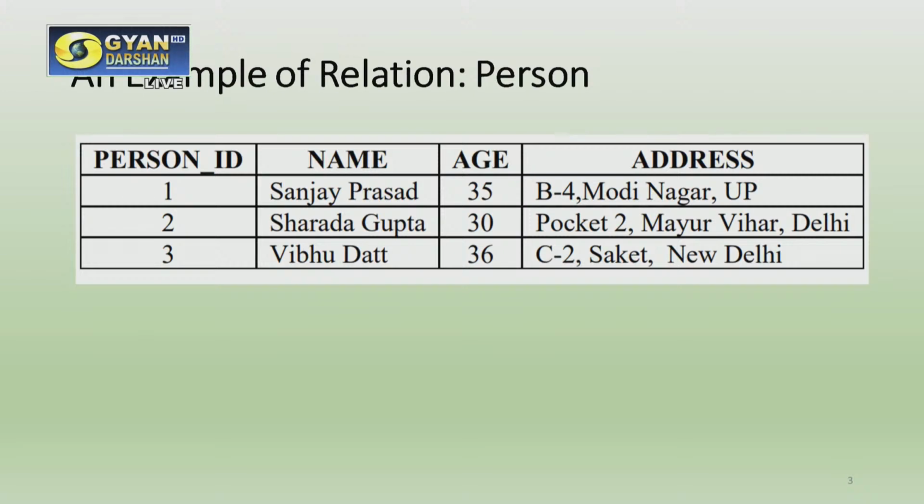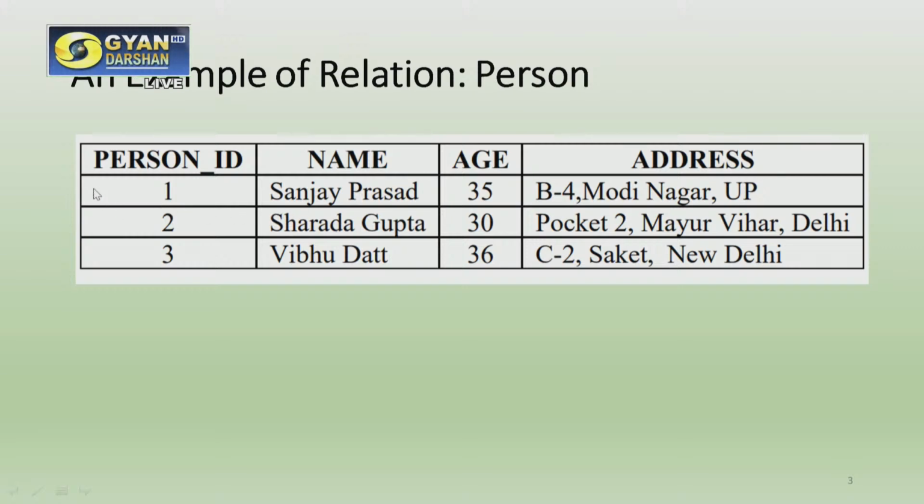If you see, there is a typical relation being shown, and the name of this particular relation is person. The first row of this relation represents the attributes of the relation. So person ID is the first attribute, name is the next, and age and address are also attributes. From the second row onwards, you can see the actual data.